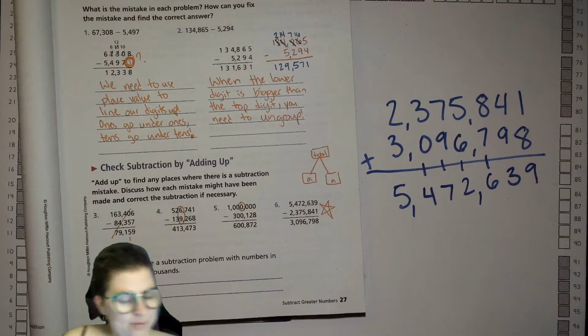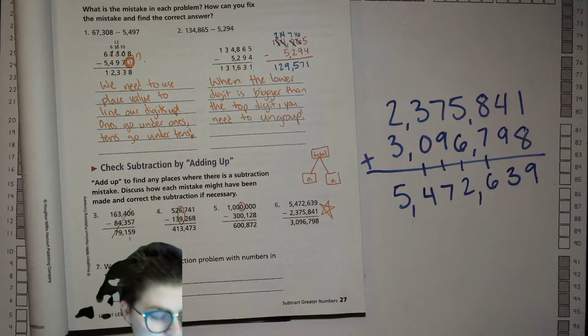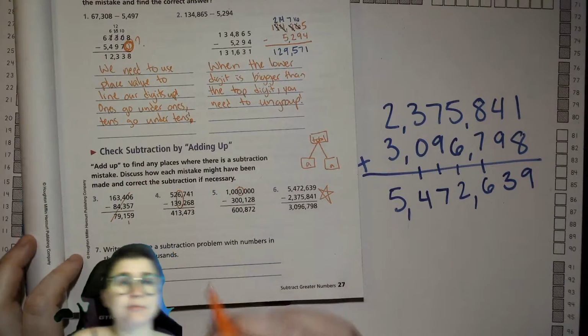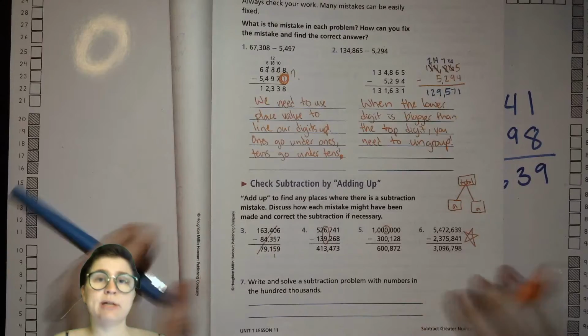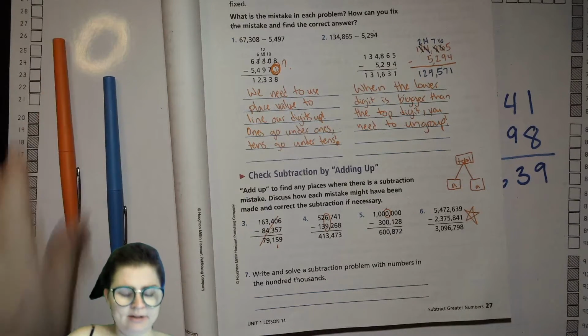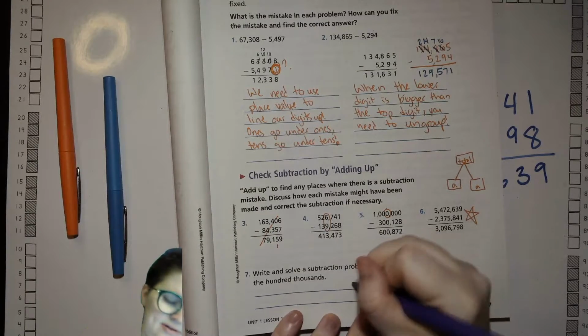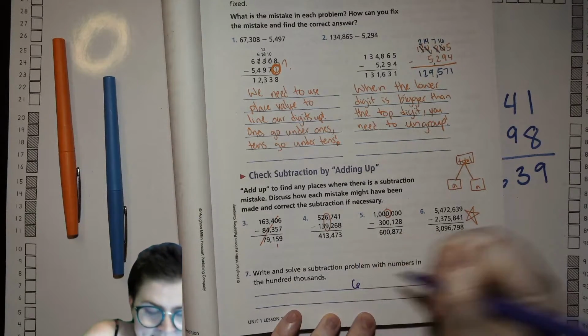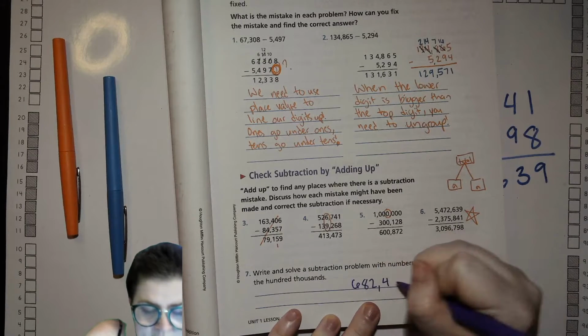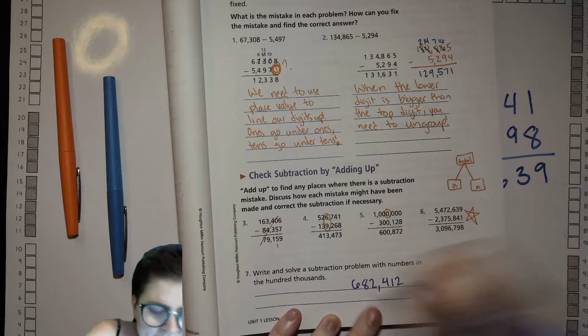Okay. Write and solve a subtraction problem with numbers in the hundred thousands. Pick a purple pen. Let's have 602,012.